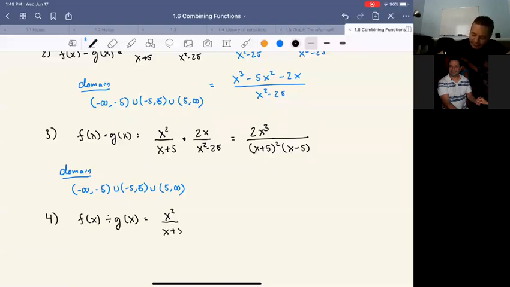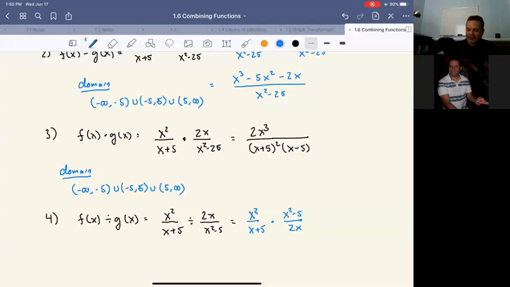Now, I like this old school division sign, but when I do that, I have to remember I have to flip the denominator and multiply.